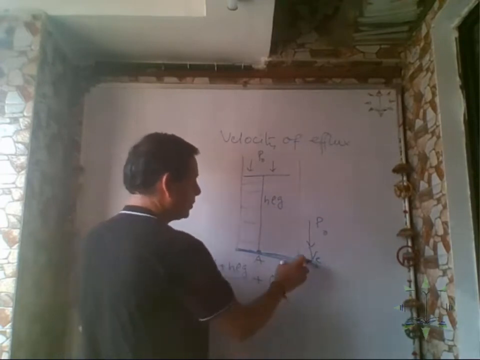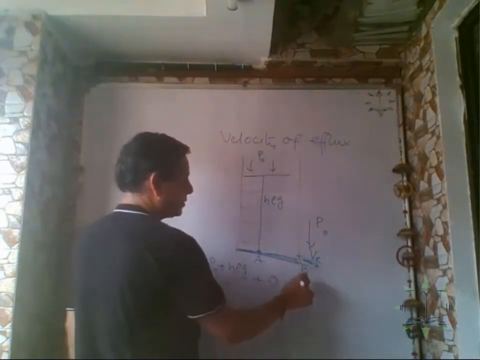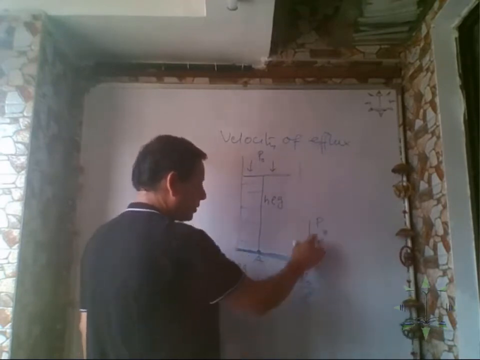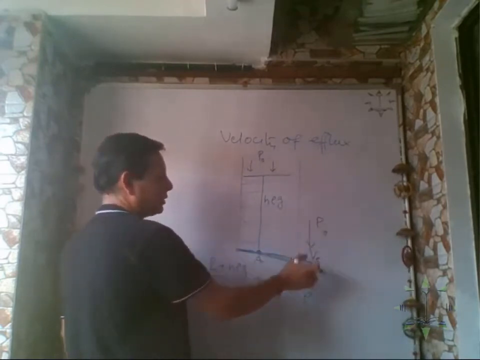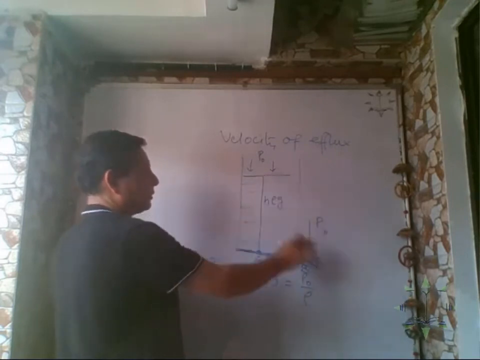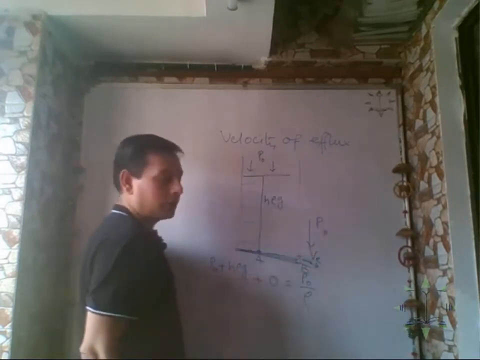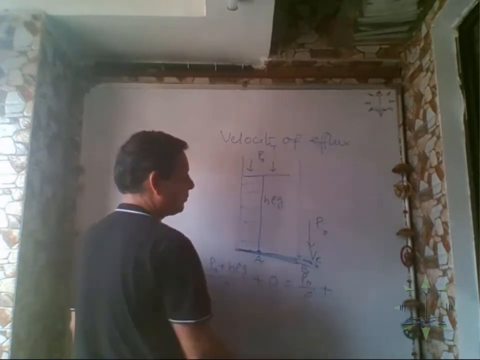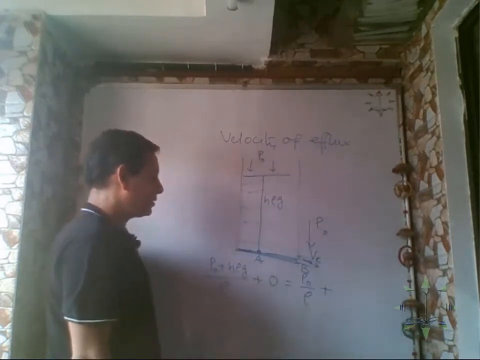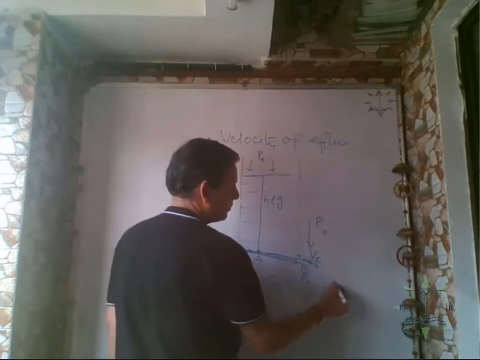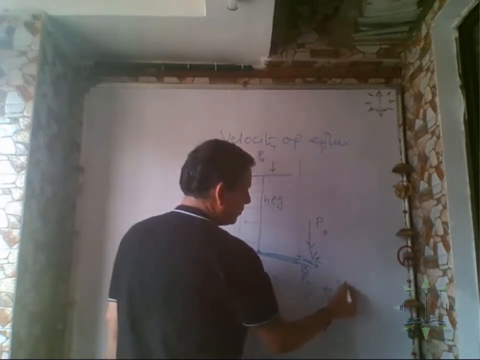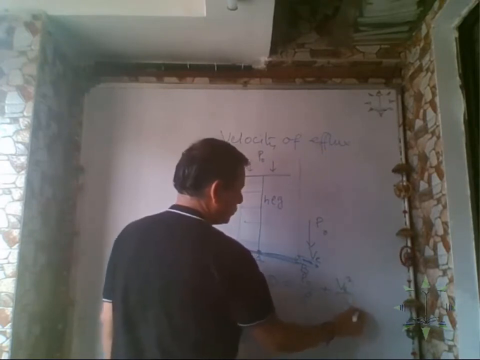This should equal the pressure energy P0 by rho at point B, since there is no liquid column there, so the H rho g term does not come at B. This is the only pressure energy at point B. And the kinetic energy per unit mass, if it flows out with velocity VE, is VE square by 2.